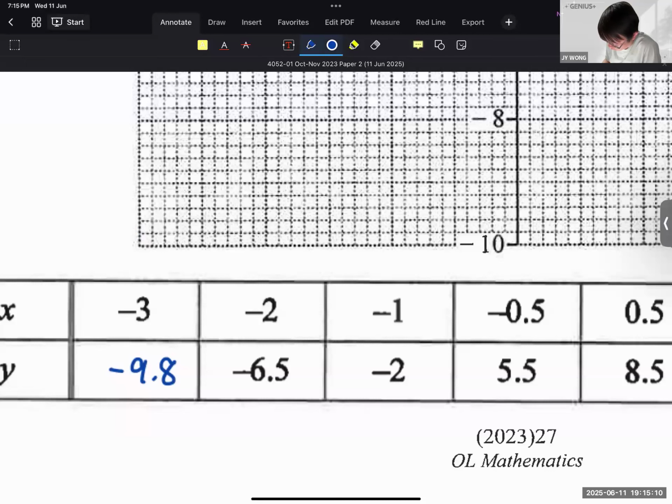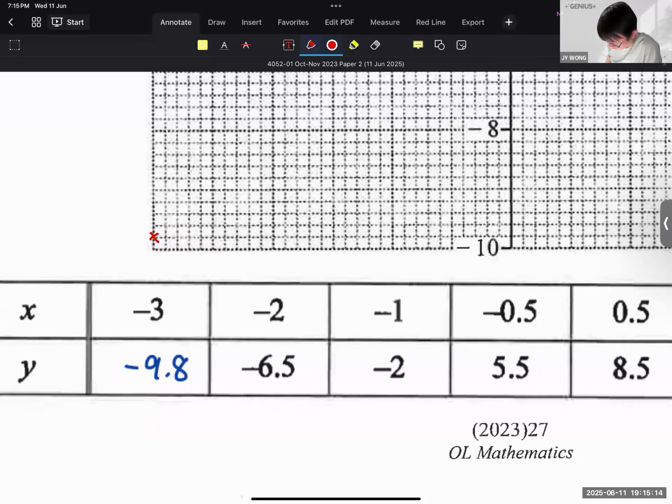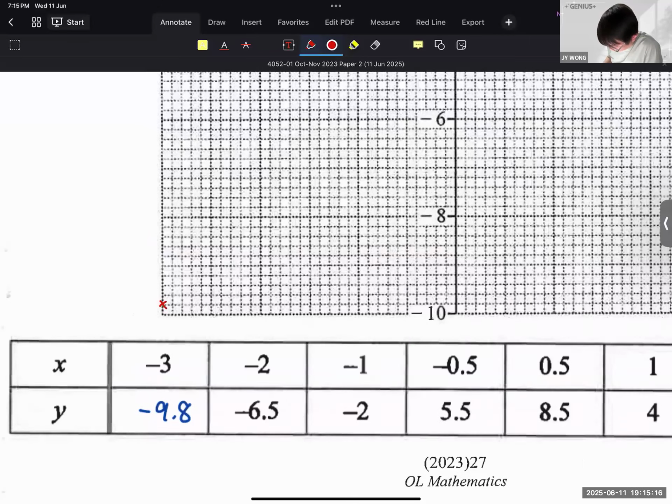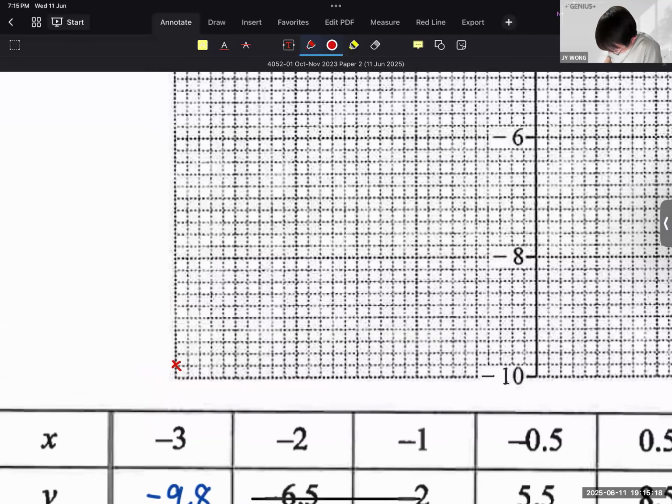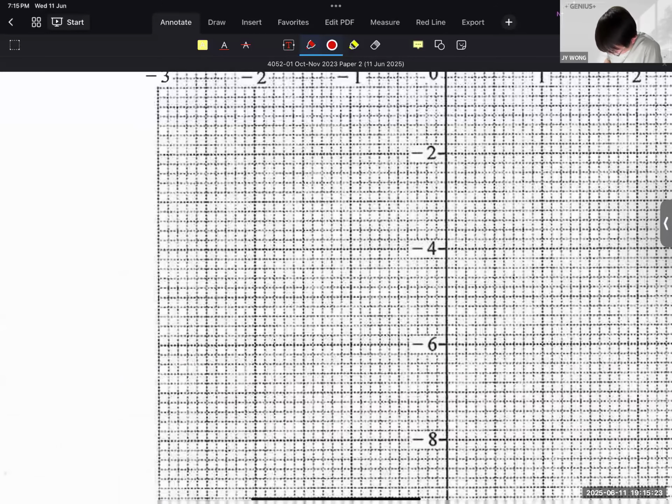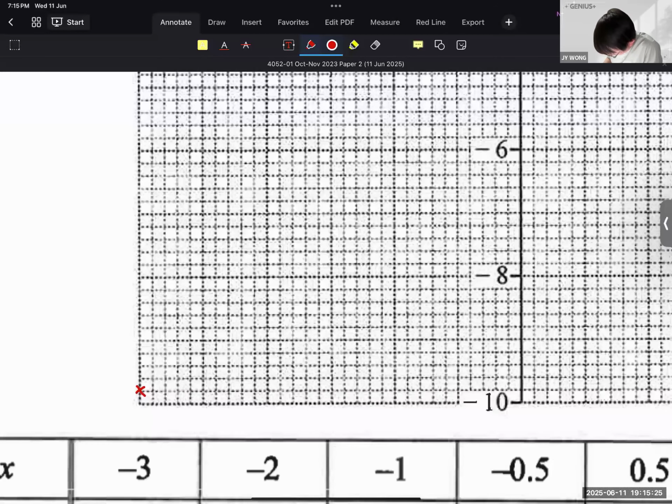Let me use red because it's more striking. Then -2, -6.5. -6.5 will be somewhere in the middle. If you need to, you can always label where your 7 is going to be so that it's easier for you to plot. So you know that it will be exactly in the middle over here.